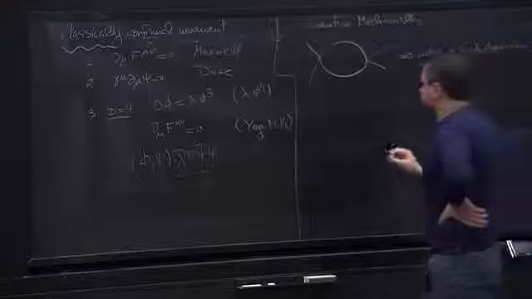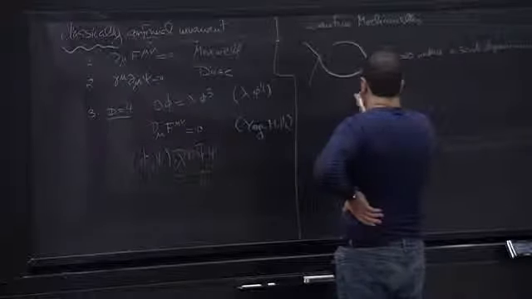This scale dependence is measured by what's called the beta function.